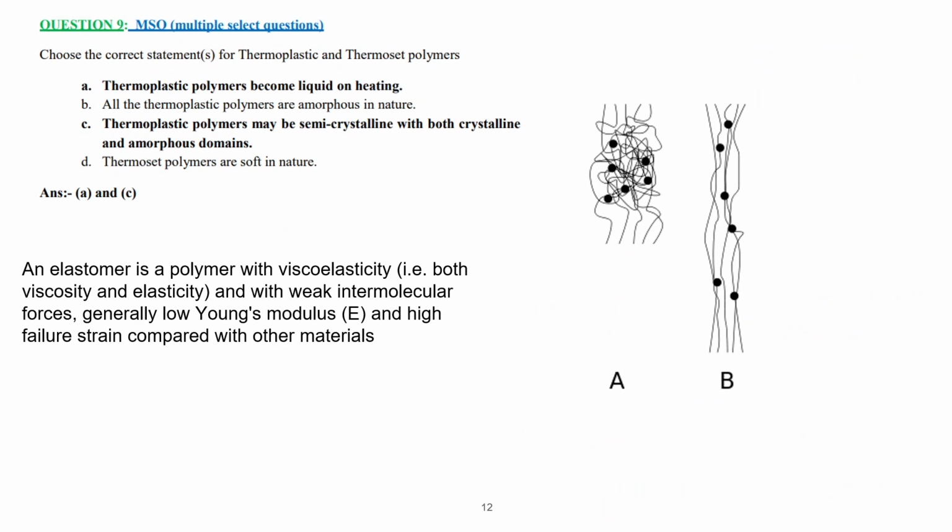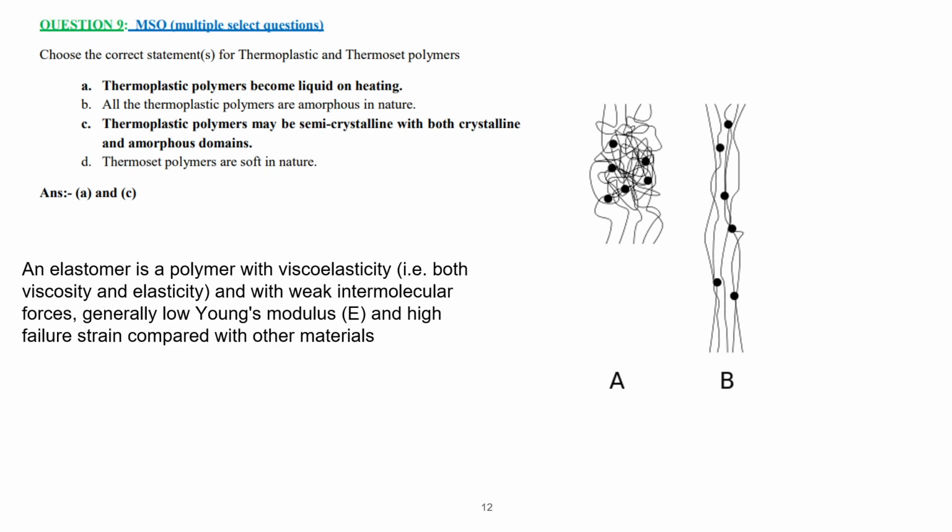The definition is written here like this. An elastomer is a polymer with viscoelasticity, meaning both viscosity and elasticity, and weak intermolecular forces, generally low Young's modulus and high failure strain compared to other materials.